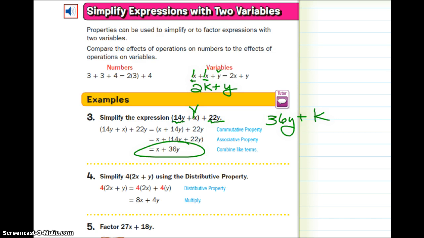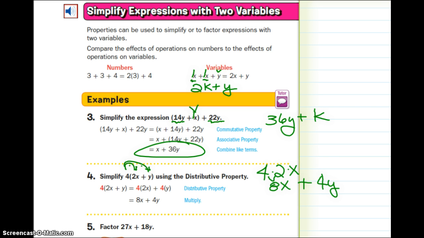In number 4, I have to do the distributive property. So again, I'm going to draw my owl. I got 4 times 2x. So 4 times 2 times x. I can do the 4 times the 2, which is my 8, and those are x's. Then I've got 4 times y, which is 4y.